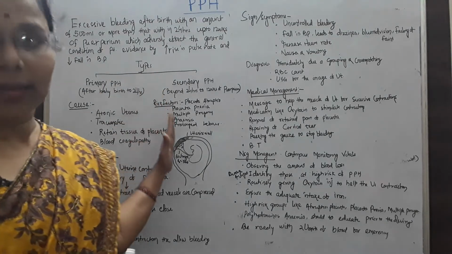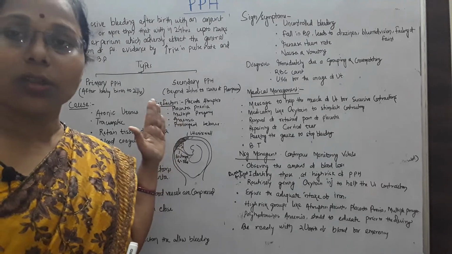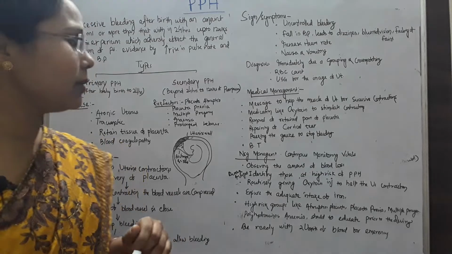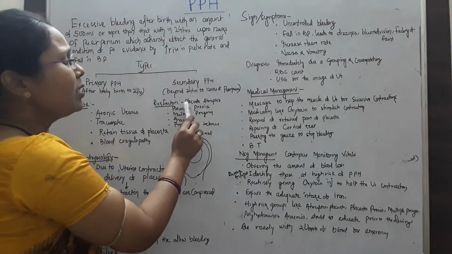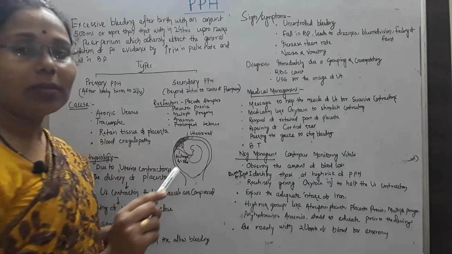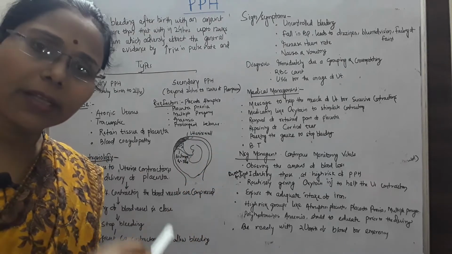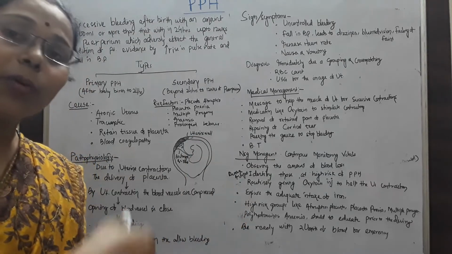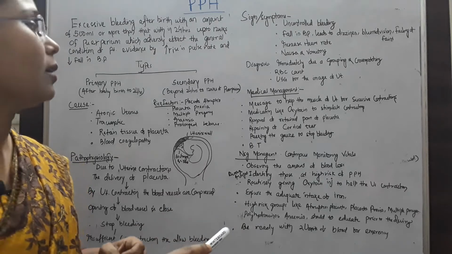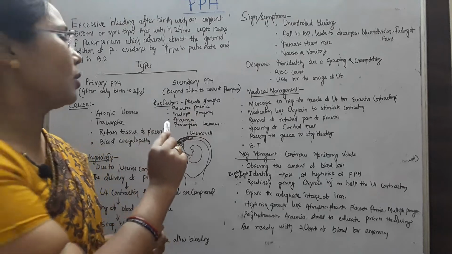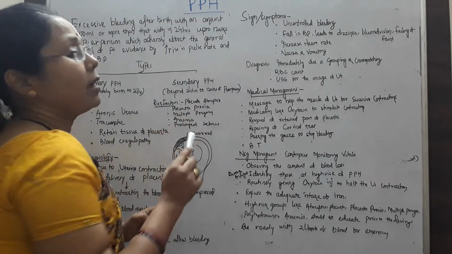Which women are at high risk and more prone to PPH during delivery? One is placental abruption. What is placental abruption? Abruption means separation of the placenta before the time of delivery. This is also one of the causes in APH. Another is placenta previa.